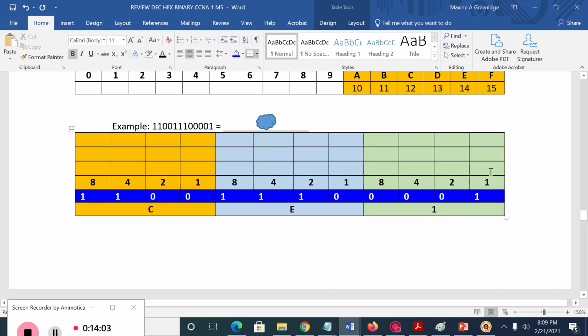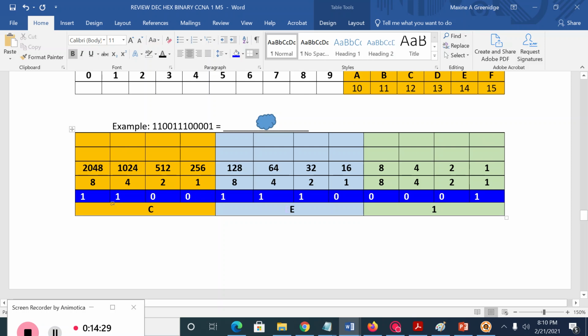All right, so it would be 1, 2, 4, 8, 16, 32, 64, 128, 256, 512, 1024. Remember, we're just doubling as we're going.